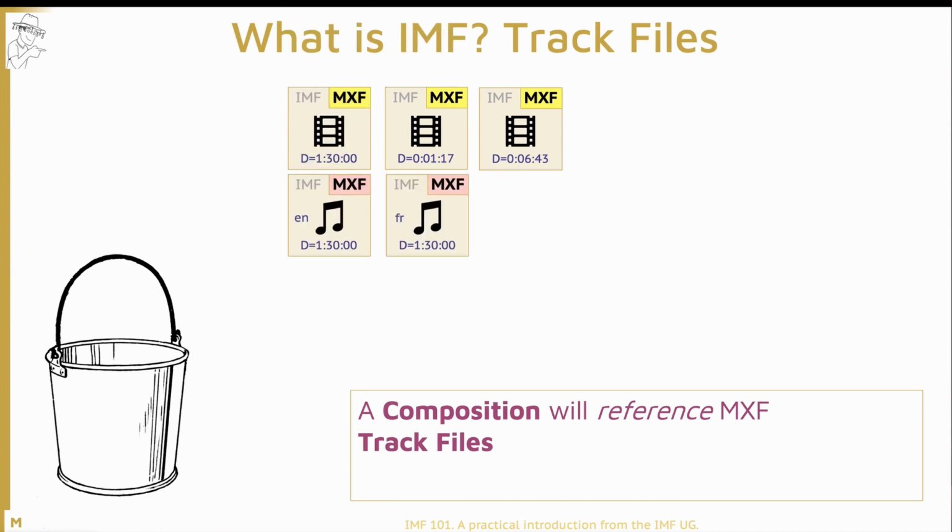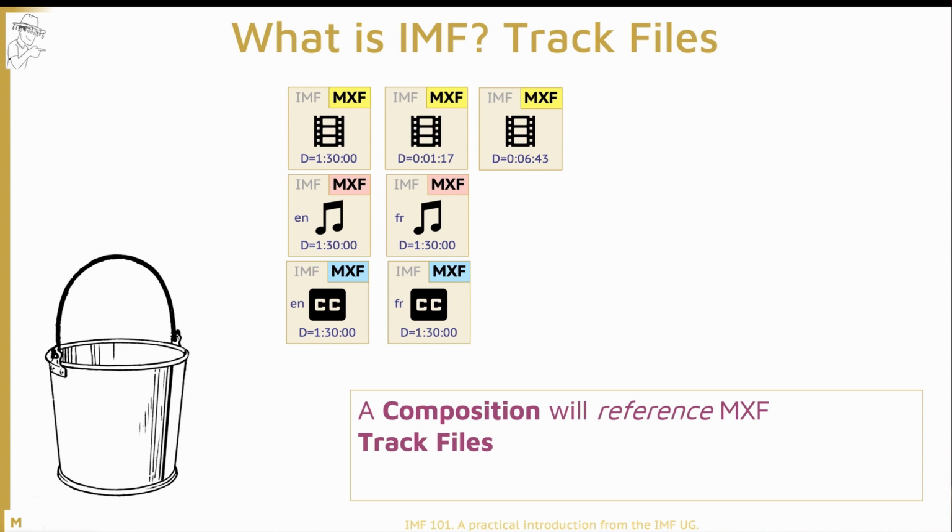And it's all wrapped in MXF. It's all wrapped the same way. Anything that goes in a timeline gets wrapped in MXF, because we need to know how the timing model of your media maps to the timing model of the composition. So all of that messiness of putting the right thing at the right place at the right time, that's all done with the MXF timing model. We put all of that in our bucket.